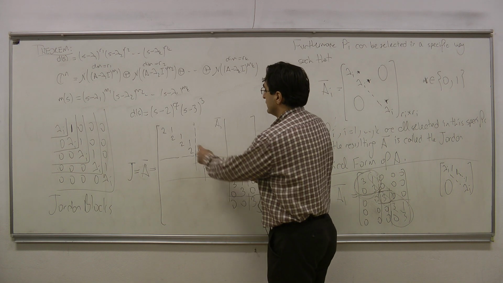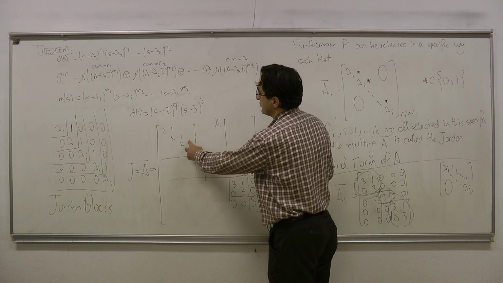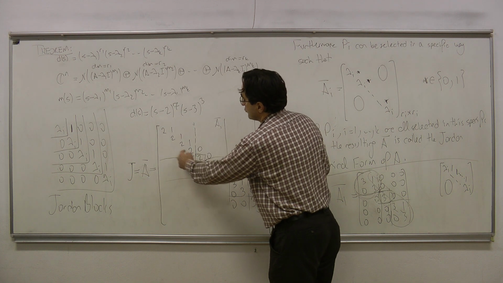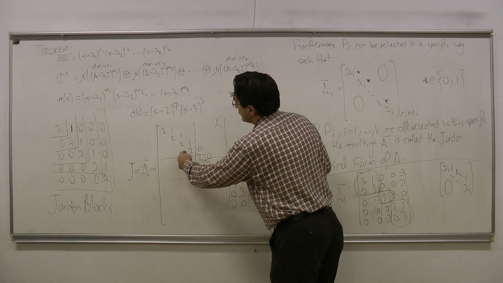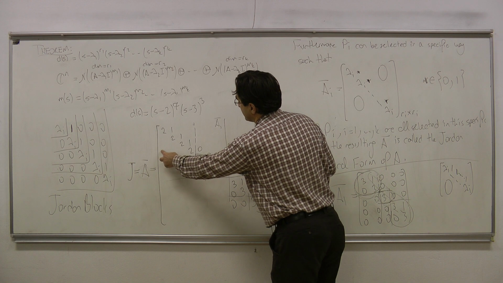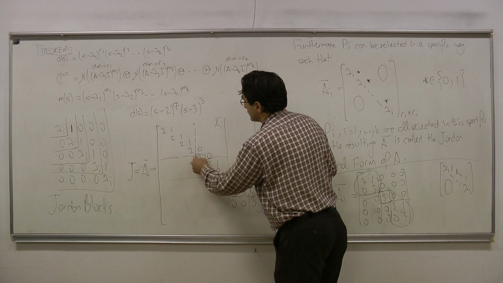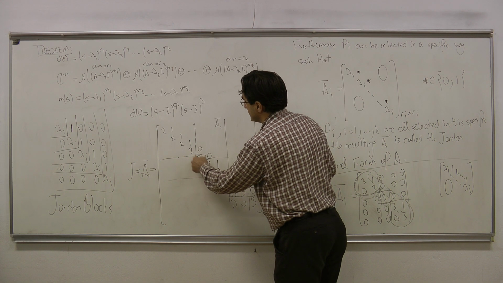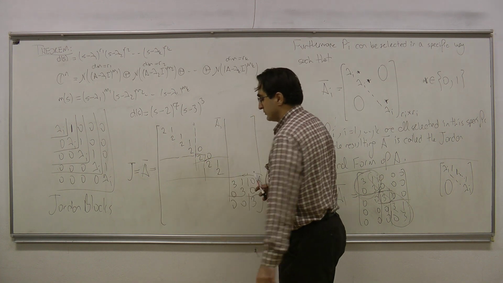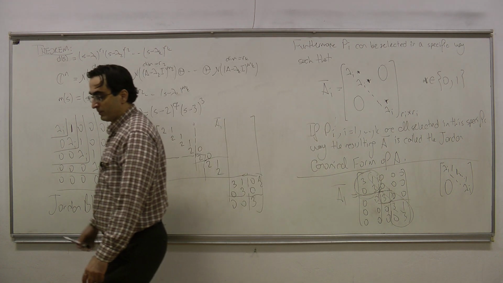So for example, if I erase this one here and make it 0, then there would be one Jordan block with size 3x3, and I would have 2 Jordan blocks with size 1x1 for each one, and I would have another Jordan block with size 2x2. Okay?